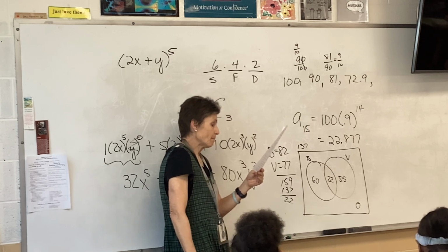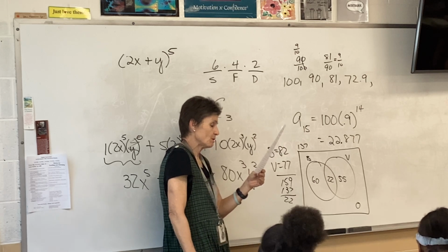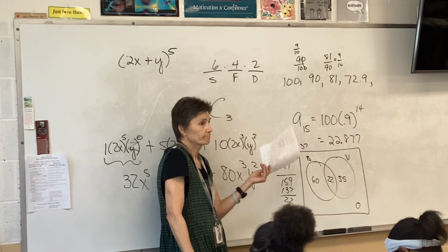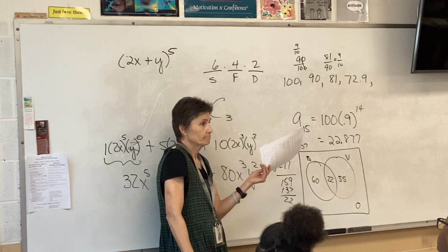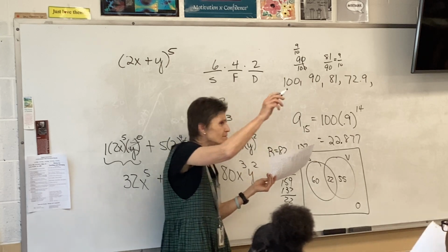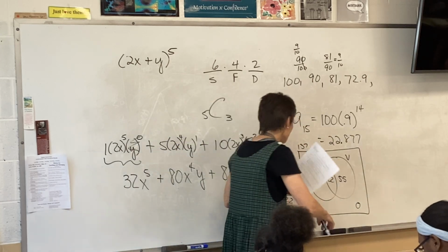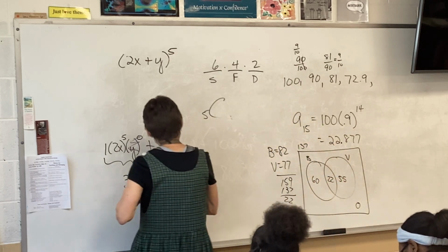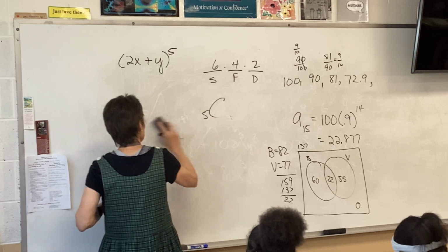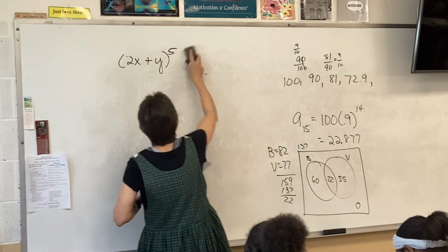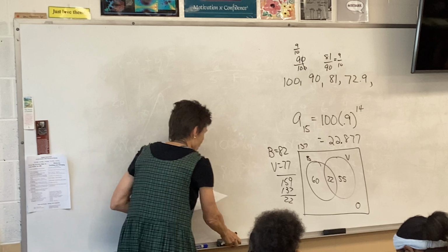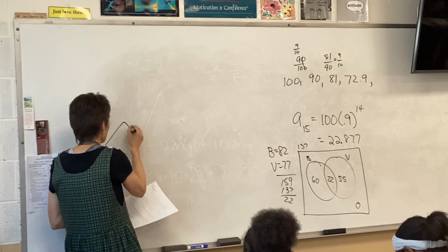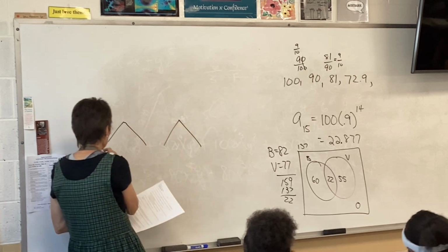All right, read number 14 and tell me your thoughts. What are you doing? A tree diagram? I think so. Because you've got a couple of different things happening and they kind of depend on each other. So I need to know the probability of me running a mile.